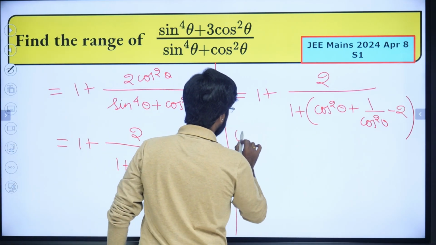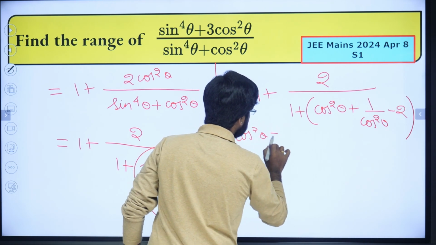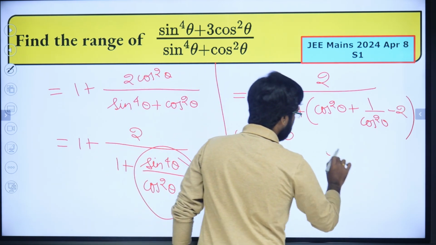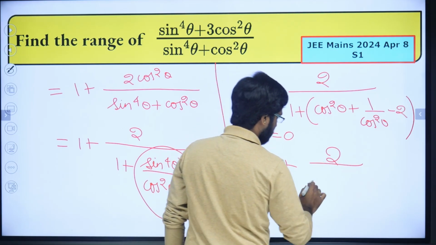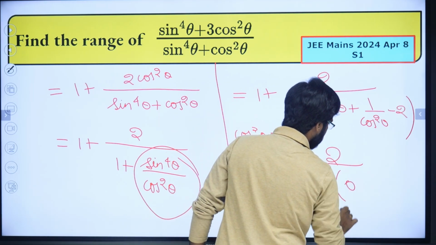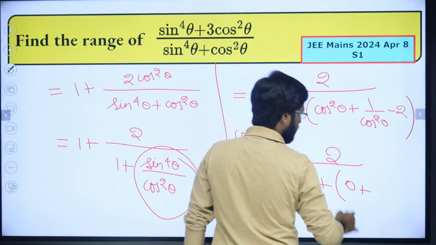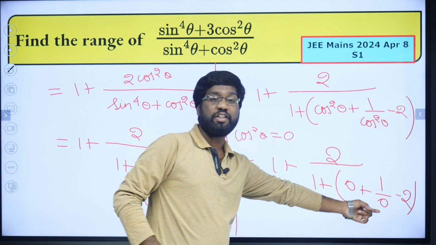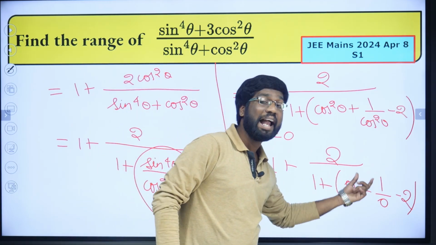So what I said, cos square theta is equal to 0. So 1 plus 2 divided by 1 plus, here cos square theta, if I substitute 0, it will be 0. Here 1 by cos square theta, which means 1 by 0, minus 2. 1 by 0 we know is undefined.